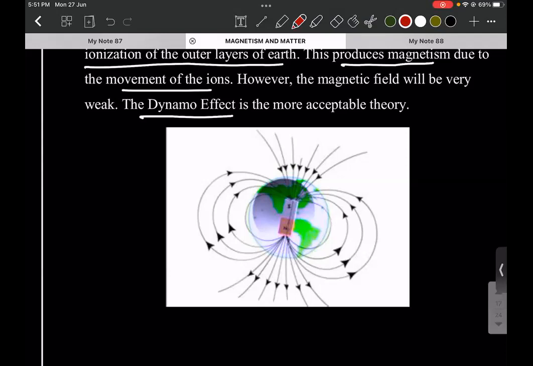I'm not saying it points in a completely wrong direction. There will be a small variation. It will deflect in a different direction to the geographic north.